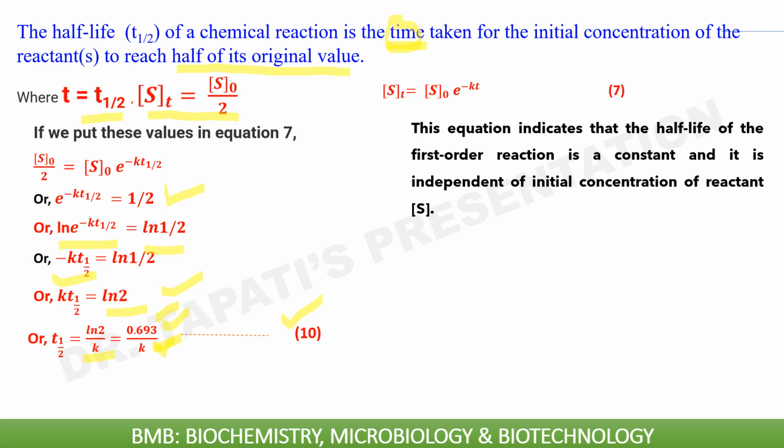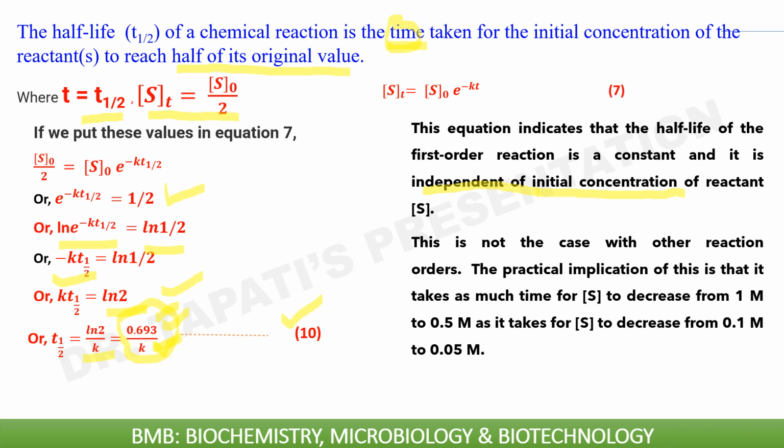It is independent of initial substrate concentration, because in this equation there is no value of S, only 0.693 divided by k. T half for first order reaction is 0.693 divided by k.